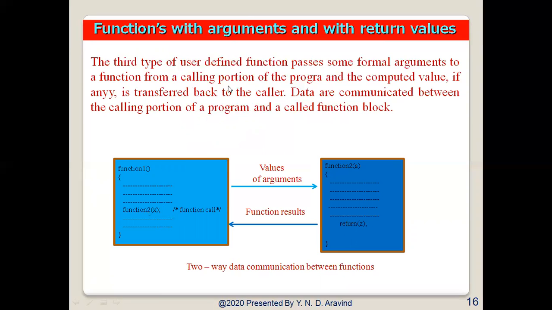The third type of user defined function passes some formal arguments to the function from a calling portion of the program, and the computed value, if any, is transferred back to the caller. So data are communicated between the calling portion of the program and the called function block. That's why there is a two-way data communication between the functions.